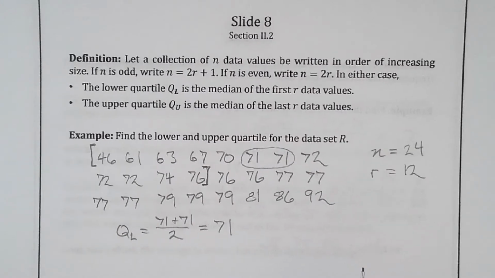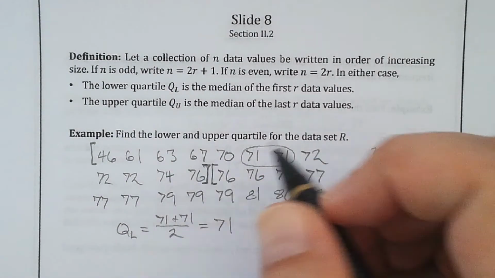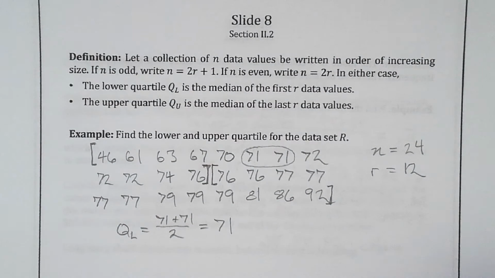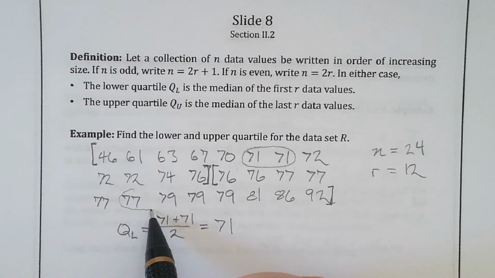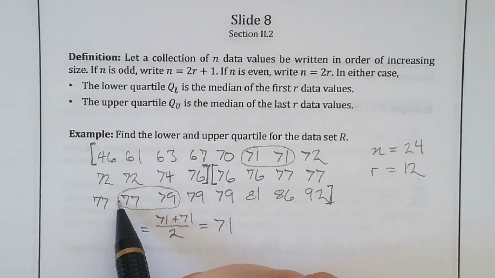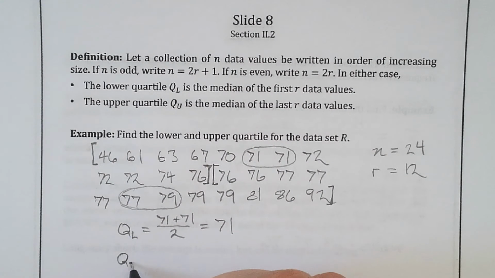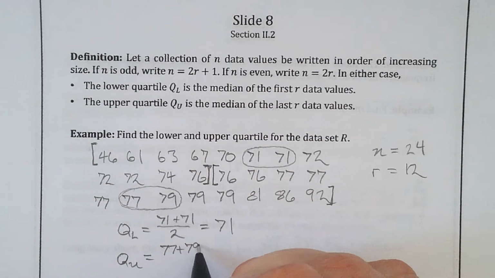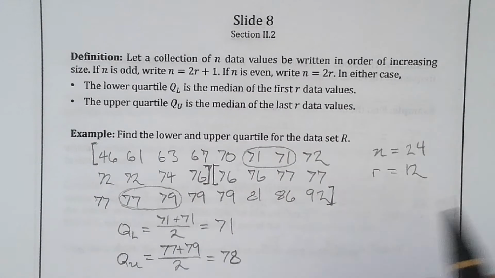Okay, now for the upper quartile. I need to use the last 12 scores, and I take the median of that set. So it's the average of 77 and 79, and we get 78.